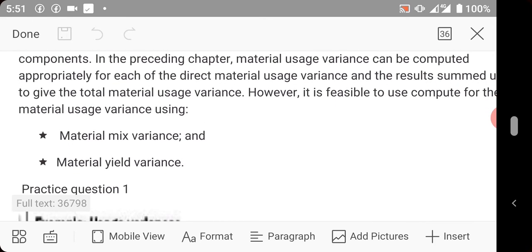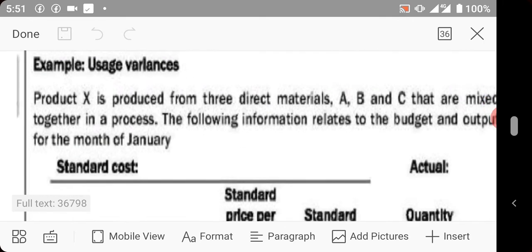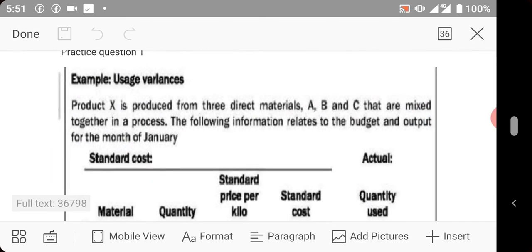We did this here. When we look at these calculations, we say product X is produced from different direct materials A, B, and C. So there are 3 direct materials that we can use to produce product X and that are mixed together in a process. The following information relates to the budget and output for the month of January.